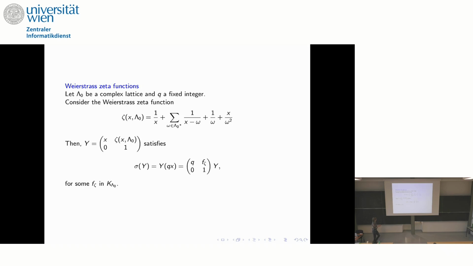And it happens that if you look at this square matrix, it satisfies the following difference system, where the dynamic is x goes to qx. q is a fixed integer.